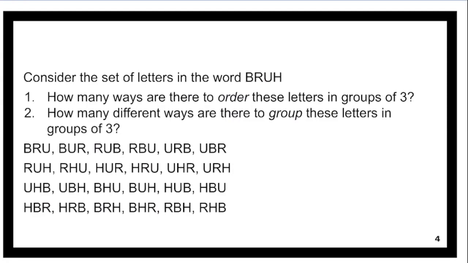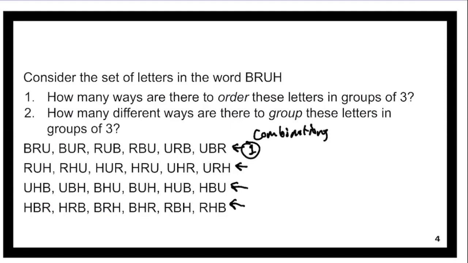And what I've done here is I've grouped the letters up, and we're looking at groups of 3, into 4 different combinations. So each of these is a different combination because they have 3 different elements or letters from the word bra. For example, if we look at the first combination, so these are combinations.